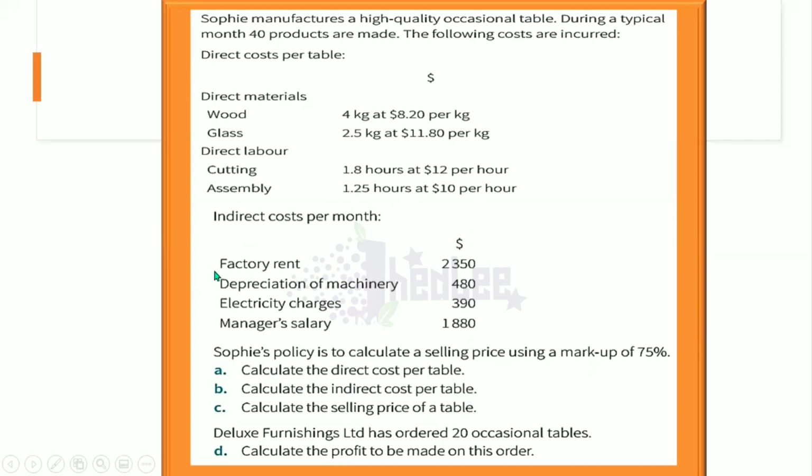Bear in mind that the information that you have right here is the indirect cost per month. So we need to determine the indirect cost per table, and per month, 40 products are made. So when we determine the total indirect cost, we're going to divide that by 40 to get the indirect cost per table. So let us look at our response for that.